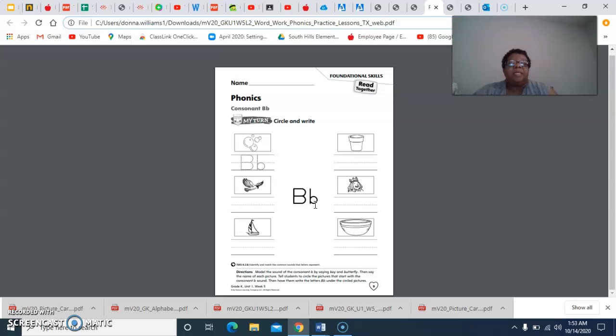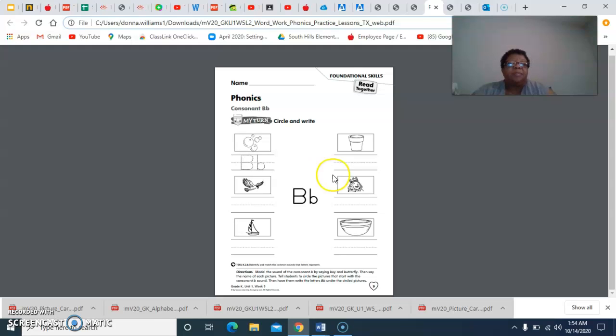For letter B, they want you to look at the pictures and decide which ones have the same sound as boy, butterfly. And so you have to think about which one has the same sound as those pictures.